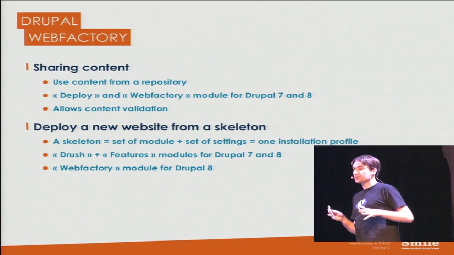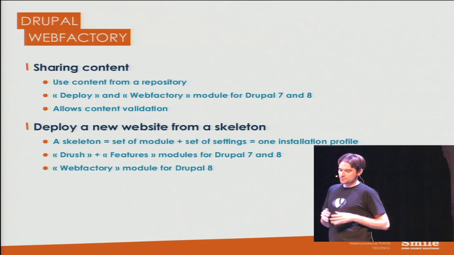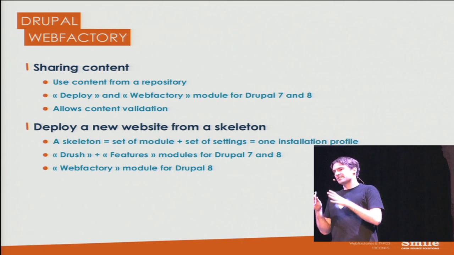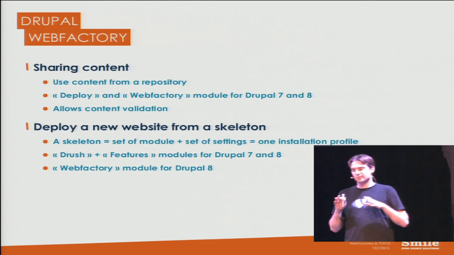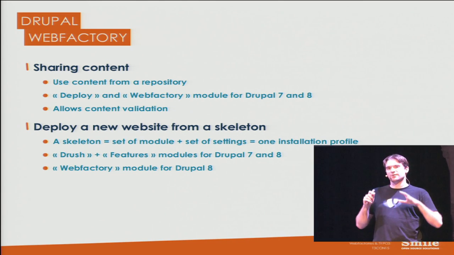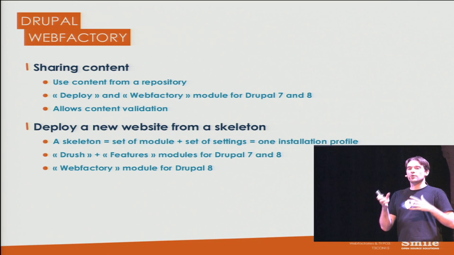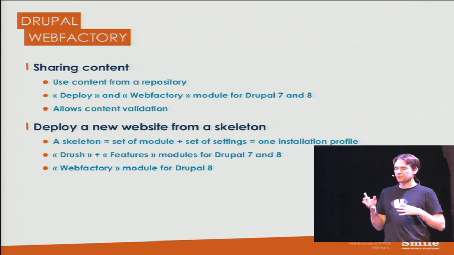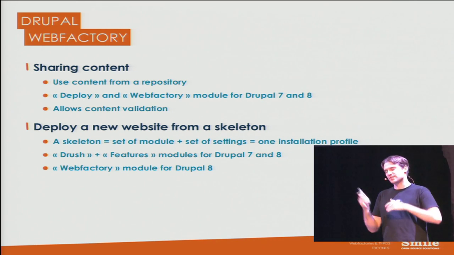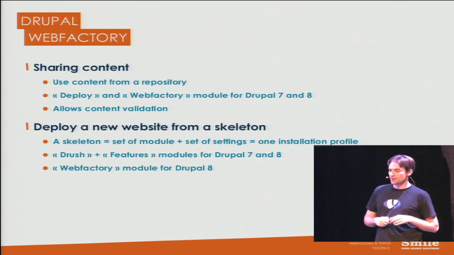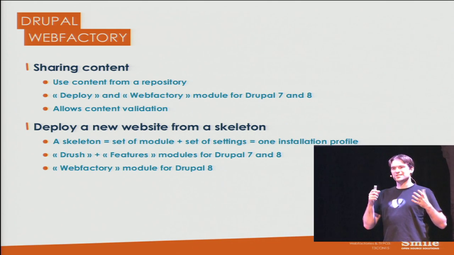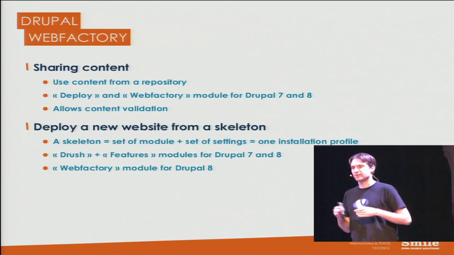When you are doing a web factory with Drupal, what is different from Typo 3 is mostly the way of sharing content. You will use a central repository where all content is, and then you will just pick it and show it on your website. When you need to deploy a new site, you have the Deploy web factory modules for Drupal. We will see a screenshot just after. What is nice with this module is content validation.